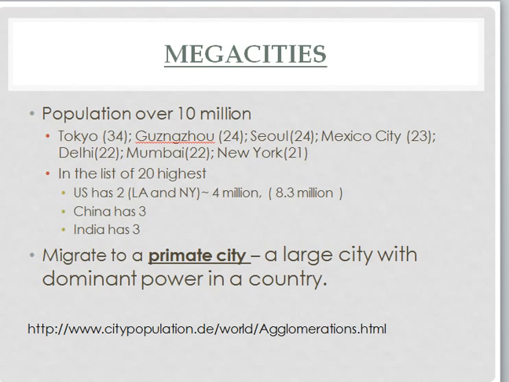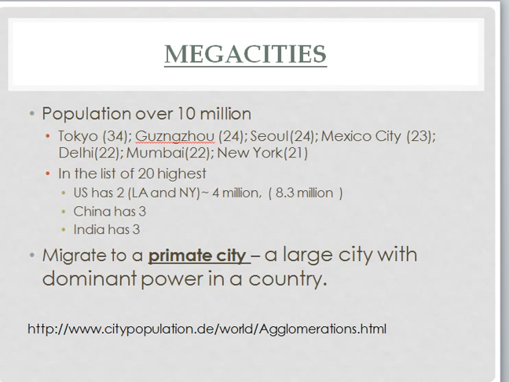The book also mentions the term primate city, and this is the idea that most people when they're migrating from rural areas are going to try and target a primate city. They're just not looking for any city. They're looking for a city that has some kind of dominant power within the country.